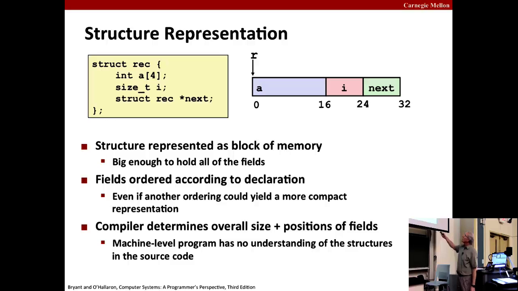But the rule is basically that I'll allocate enough space, if I introduce one of these structs, for all the different fields in that struct. And then the compiler will keep track of where each of these fields starts and generate the appropriate code to offset from the beginning. So the reference to the structure will be the beginning address of the struct, and then I'll use appropriate offsets to get to the different fields.